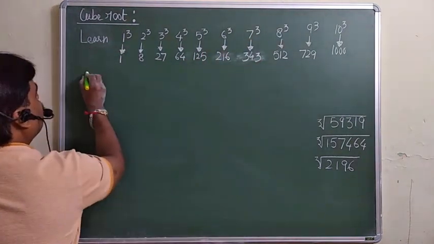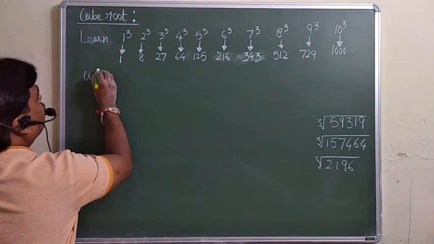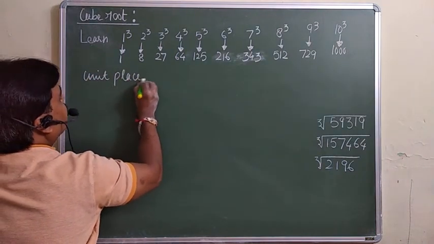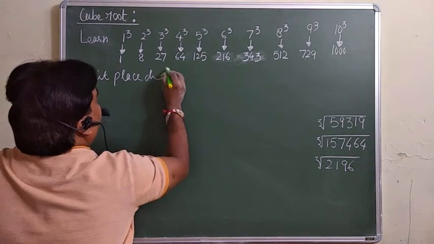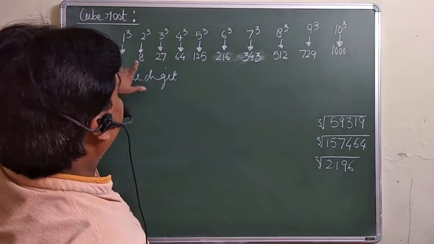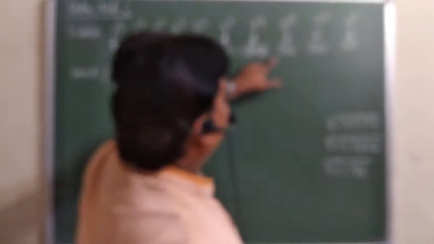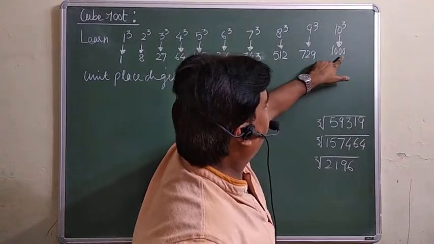So you are supposed to understand the unit place digit first. See what you are getting: 1, 8, 7, 4, 5, 6, 3, 2, 9 and 0.